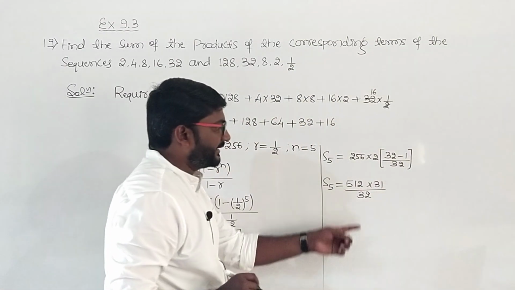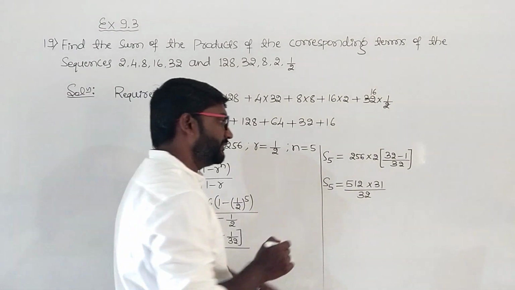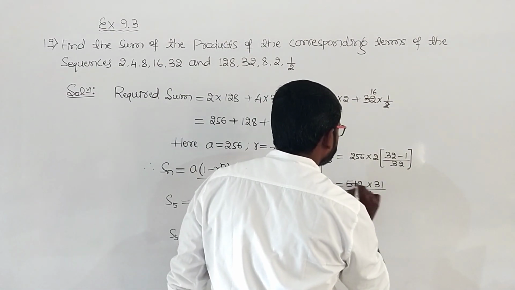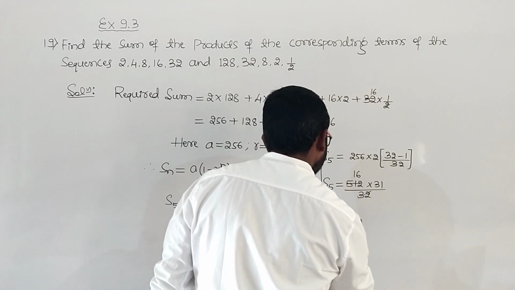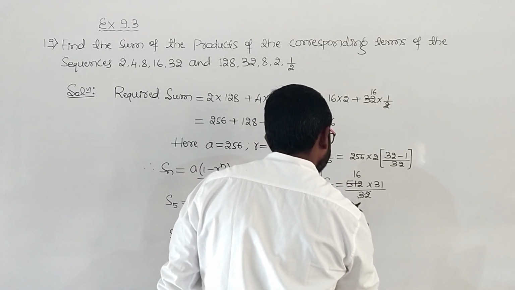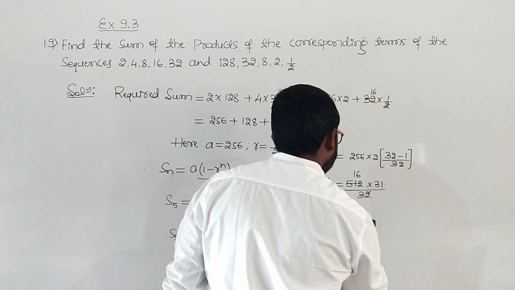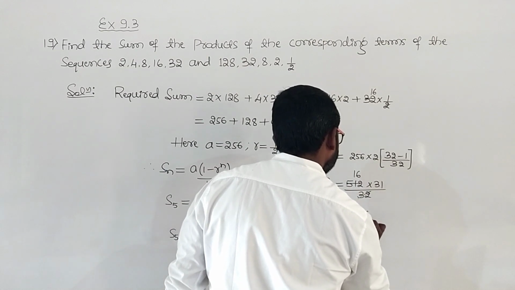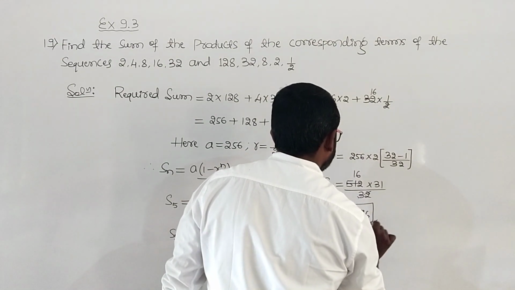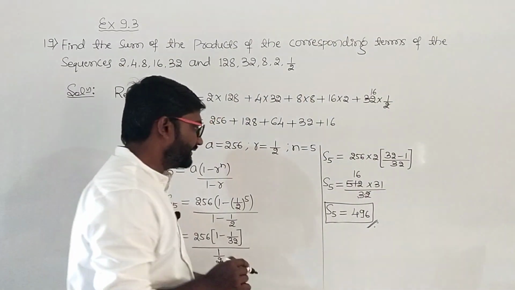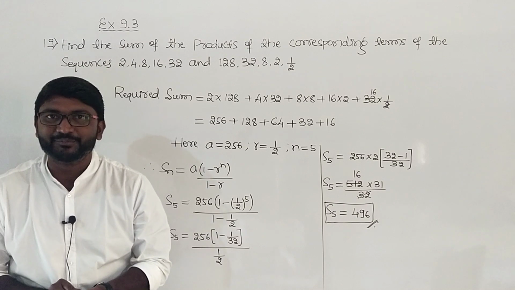So here cancel out 512 and 32, so you get 16. So S5 is equal to 16 into 31, it is 496. Therefore, the required sum is going to be 496. This is all about the 19th problem.